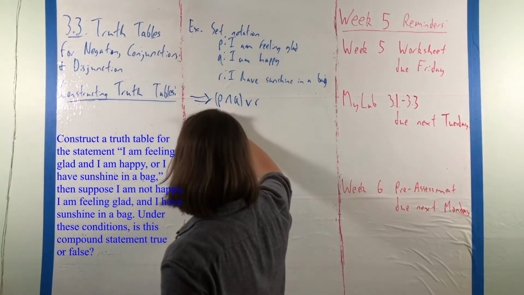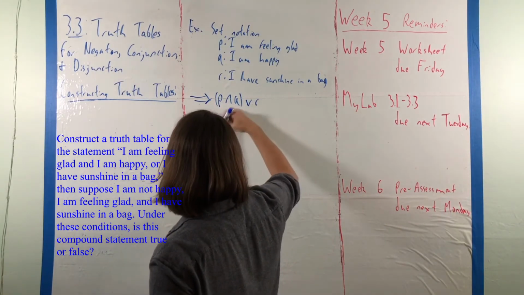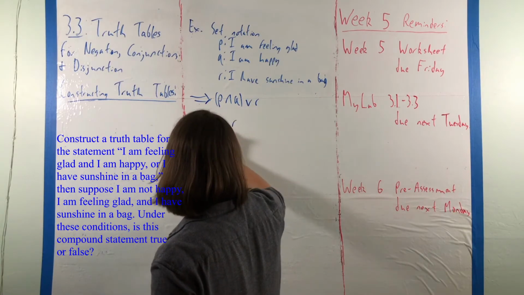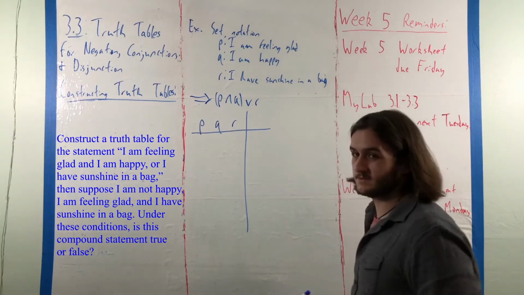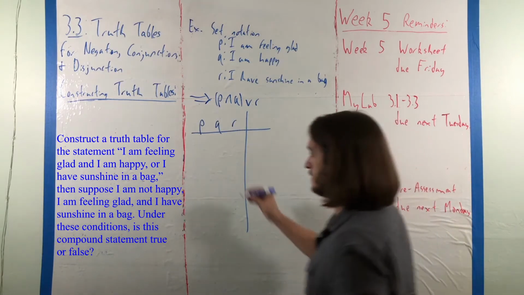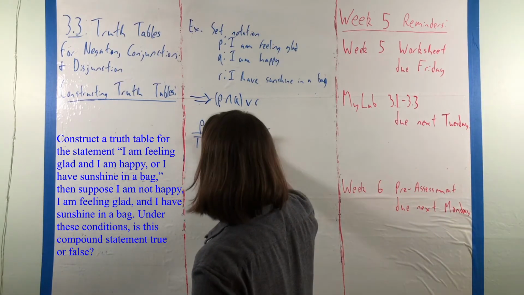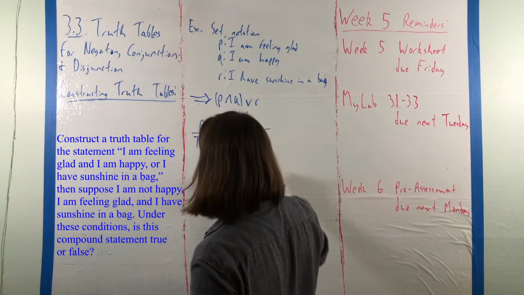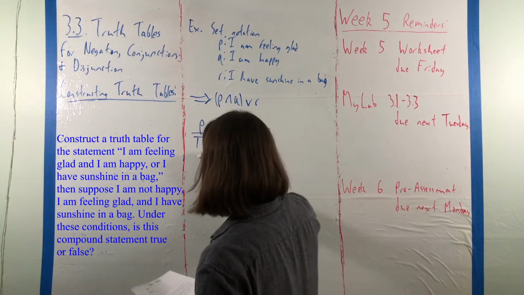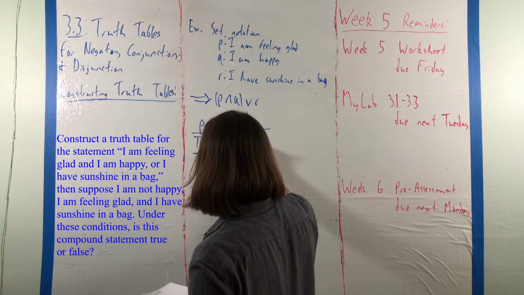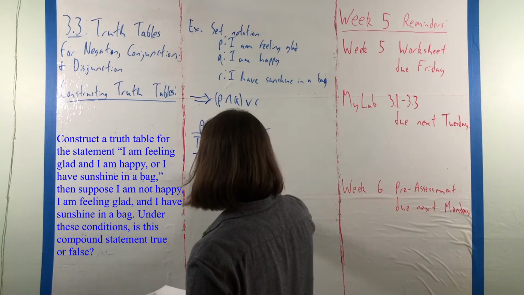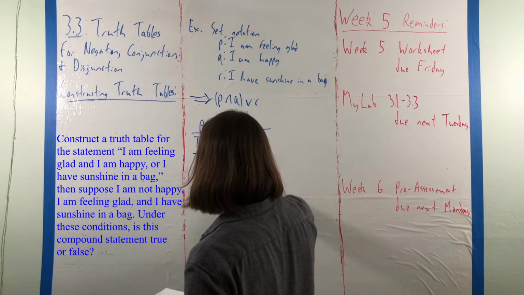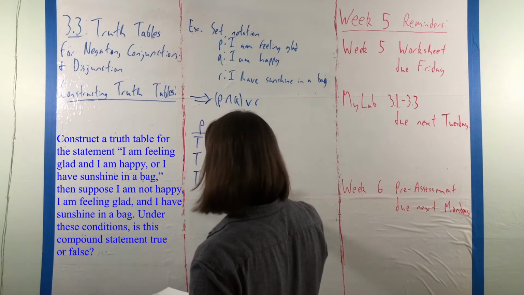In our first column, we start with all of our simple statements again. So we have P, Q, and R now. And here we want to collect all of our possible values, and there are quite a few of them. Either P is true, Q is true, and R is true. P is true, Q is true, and R is false. P is true, Q is false, R is true.